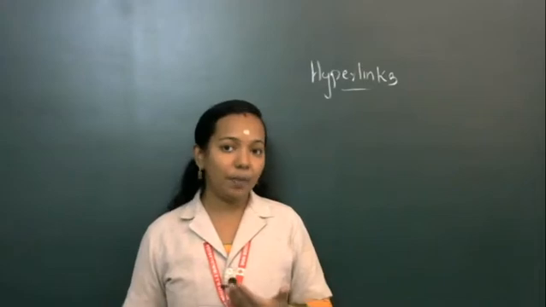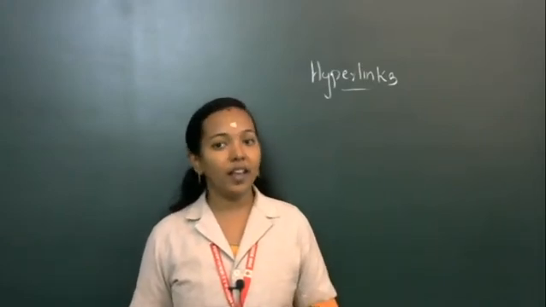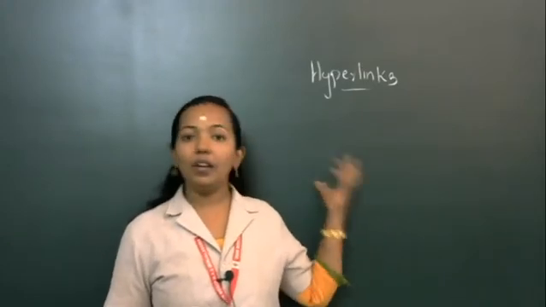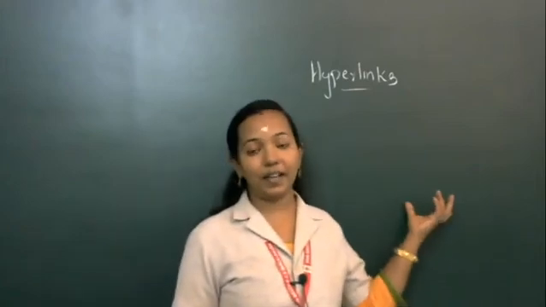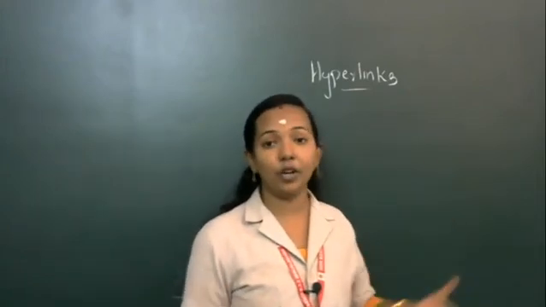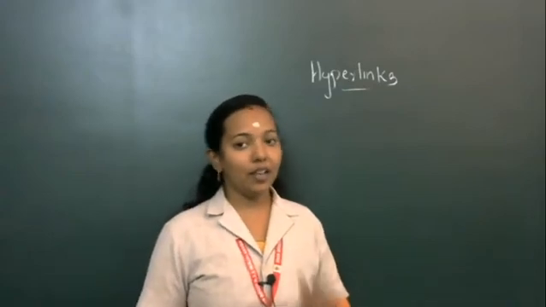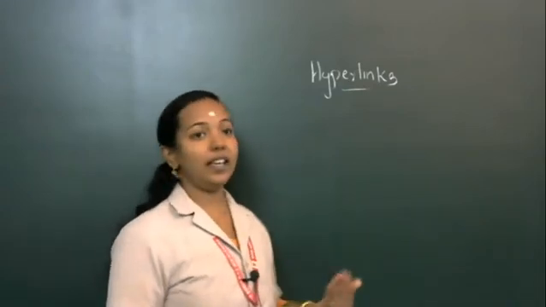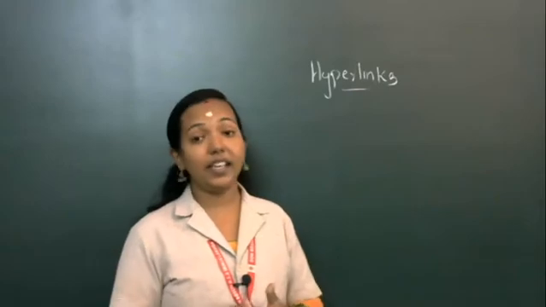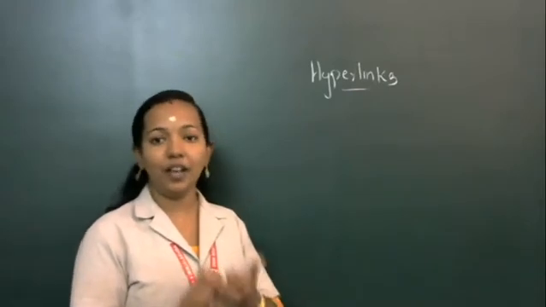In a web page, how are we including a hyperlink? You know how a hyperlink is represented in your web page: blue color, underline also present. So that's why we can easily identify, and easily create, a hyperlink in your web page.